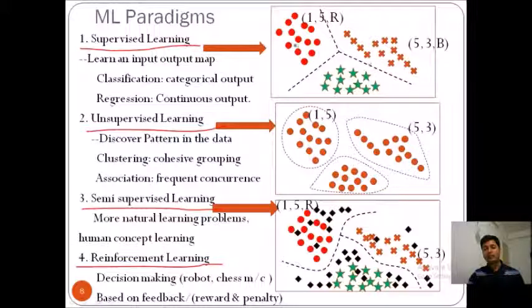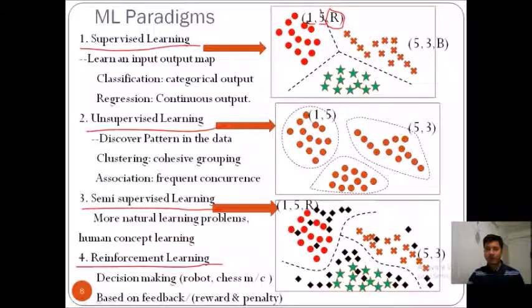Look at the diagram having two dimensions, each data point having values corresponding to each dimension. But apart from that, there is a target class that is labeled. Let us say it is red, brown, and green.